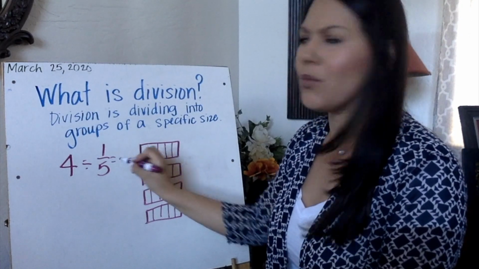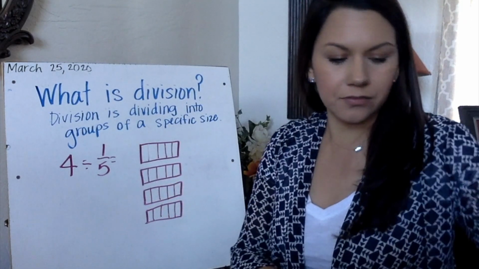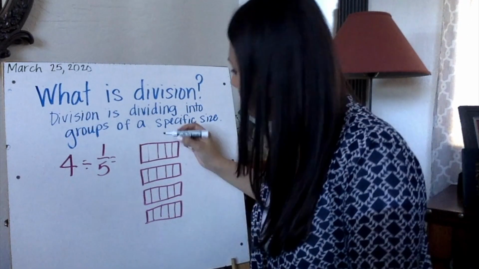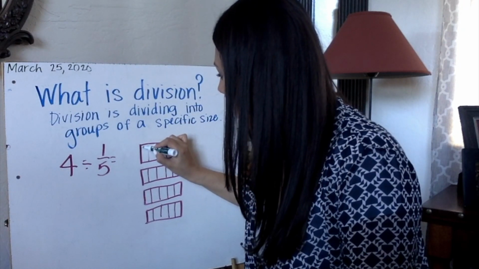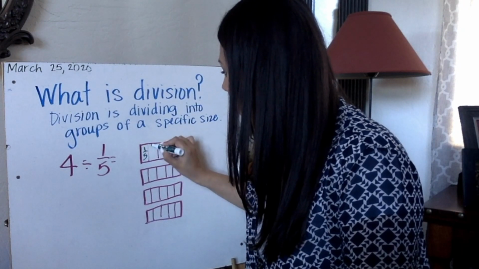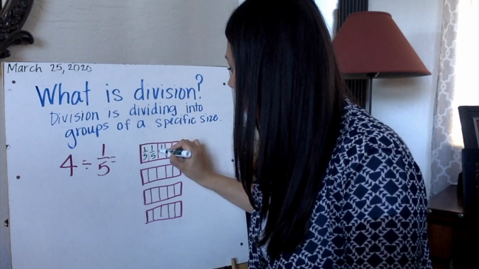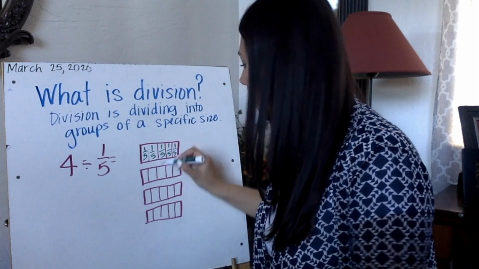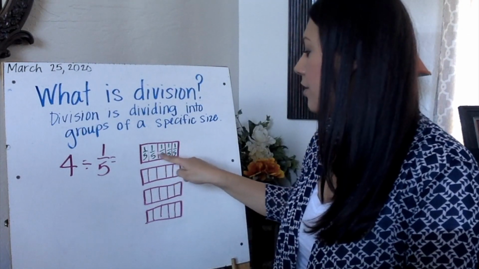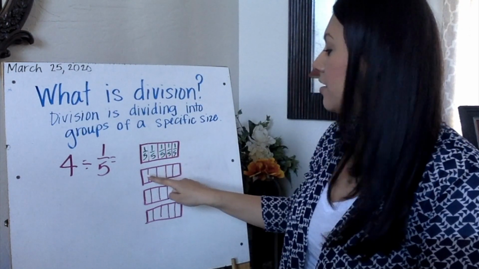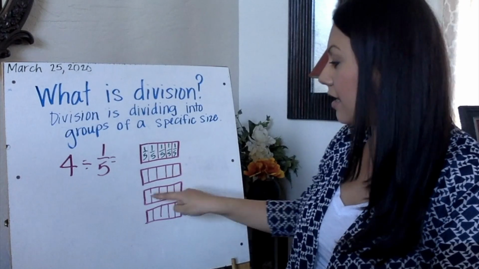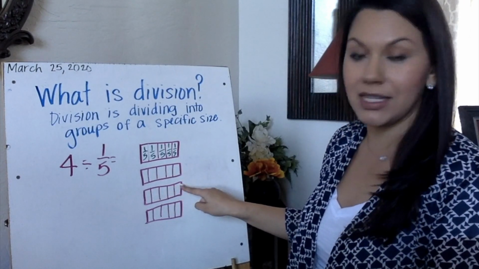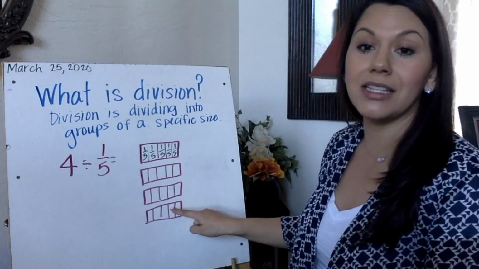Now, how many 1/5s do I have? Let's do this. 1/5, 1/5. So I have 1, 2, 3, 4, 5, 6, 7, 8, 9, 10, 11, 12, 13, 14, 15, 16, 17, 18, 19, 20.